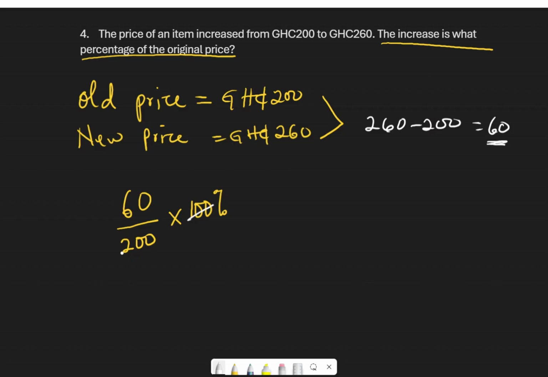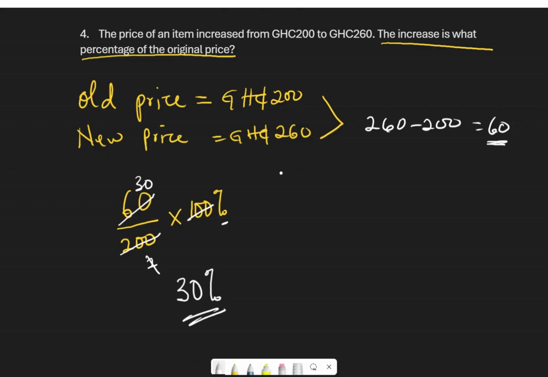This 100 cancels this 200 two times. These two cancel the 60 30 times. So we have 30 with the percentage sign, because there's a percentage sign left here. It means the increase is 30% of the original price.